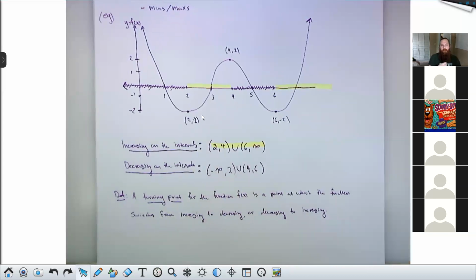And most of the time, these turning points are going to be special features on the graph.